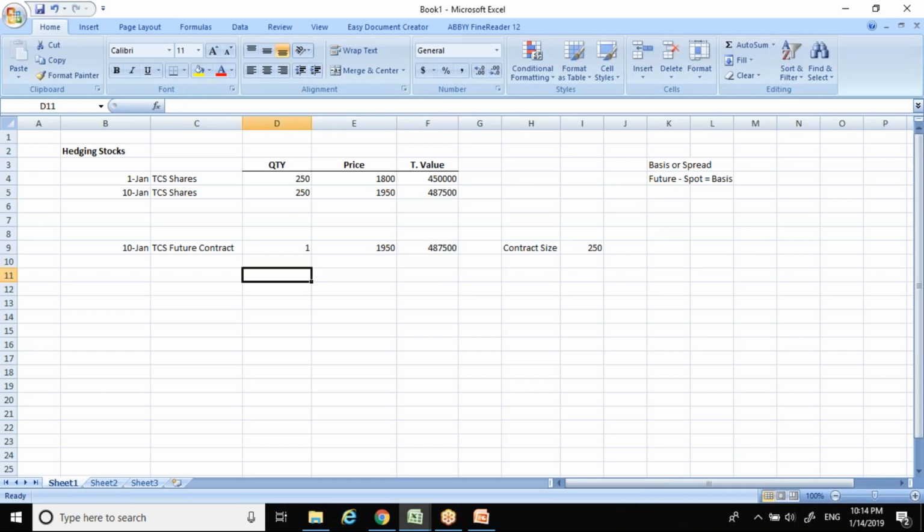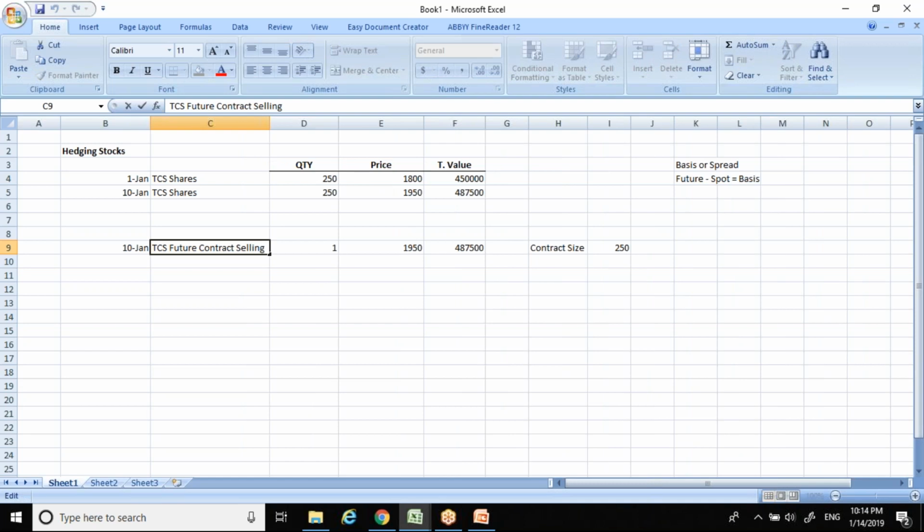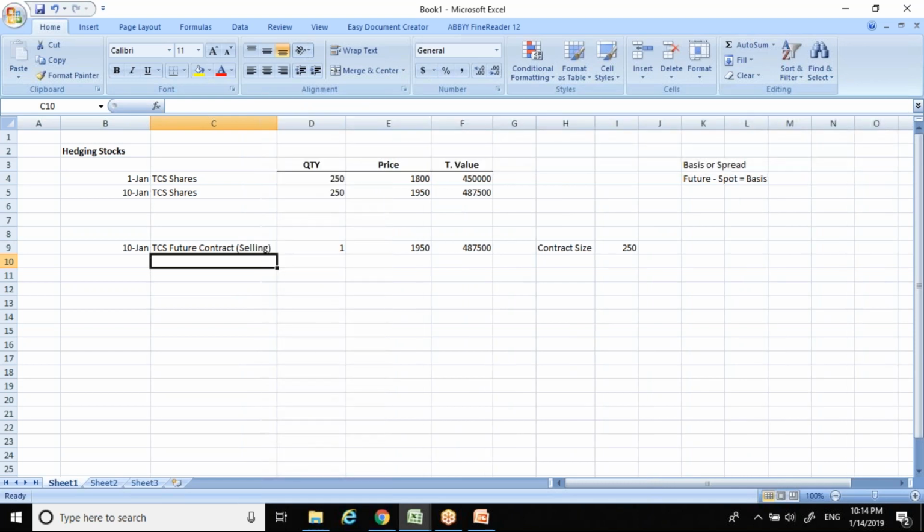Now, your position is supposed to be hedged. So what I do is, I'm not buying this thing, I am selling it. So when I'm selling this contract, that means I am in a short position. So you are basically in a short position when you are selling this contract. So you're selling this contract and you have shares purchased.